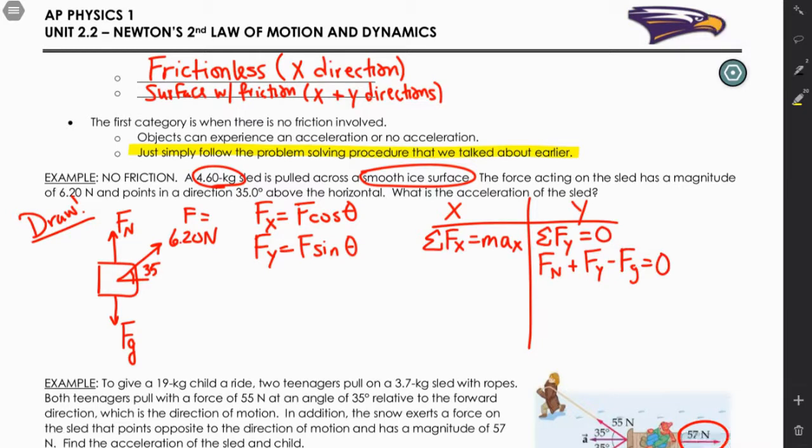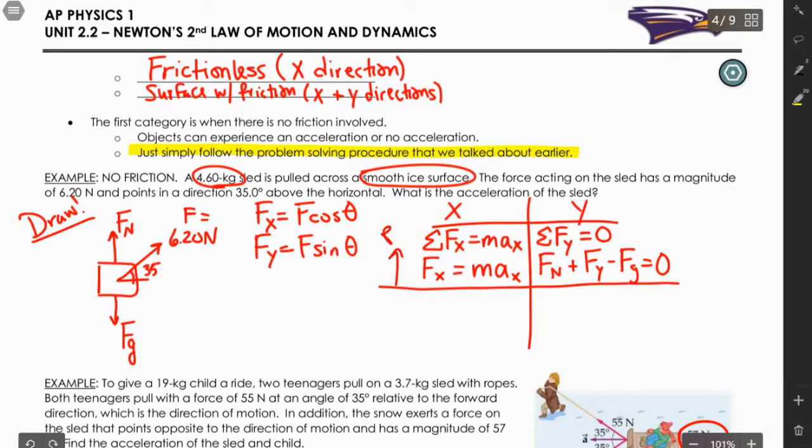In the x direction, you're going to have Fx positive, and that's the only force acting in the x direction, okay? And so the x component of that force is what's causing the acceleration. And so here's our line. Remember, anything above the line is physics.